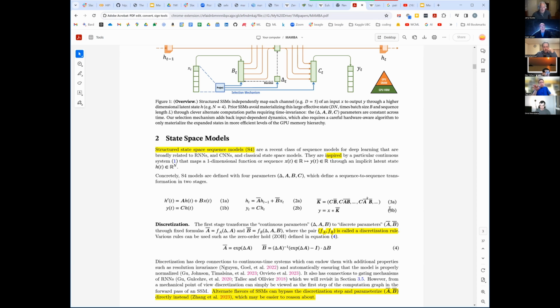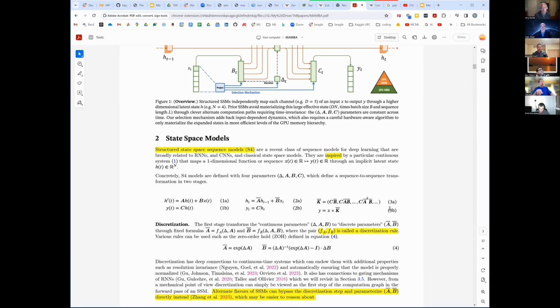So let's simplify equation 1A and drop the B part. If the equation was just H prime equals, and let's not even do multidimensional, let's just have this be scalars.